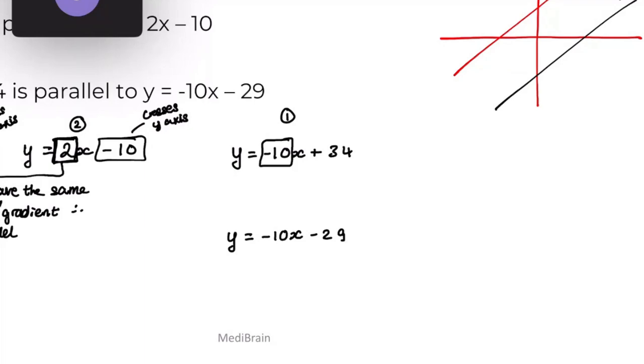And in this one, we know that the gradient is -10 as well. So in both the equations, the steepness of the slope is -10. Because the steepness is the same, the gradient is the same, that means that both of these lines are parallel.